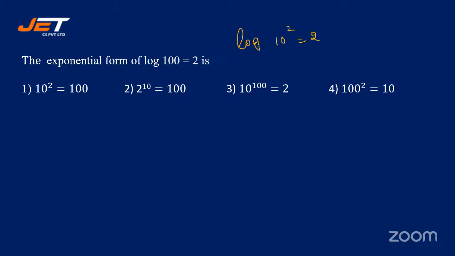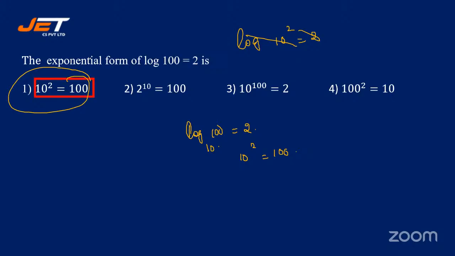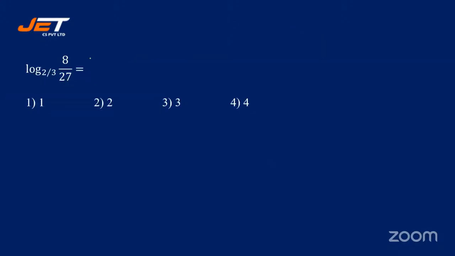This 2 becomes the base, which means the base is 10, right? So 10 square is equal to 100. So 10 square is equal to 100 means it should be option 1. Right? Yes, perfect. See the next question.